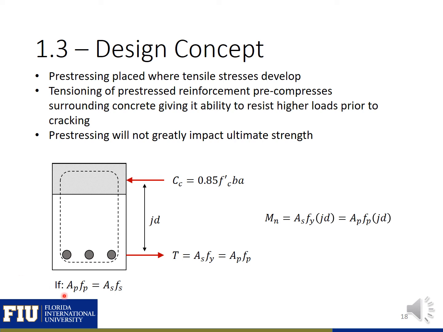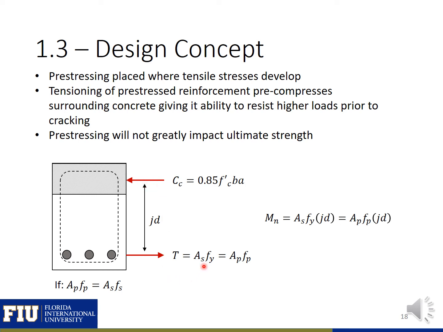So if you have an equal tension force provided by your pre-stressing and your non-pre-stressed steel, we can remember from our equation for moment, it's dependent on the tension and the lever arm between the tension and compression forces for singly reinforced members.